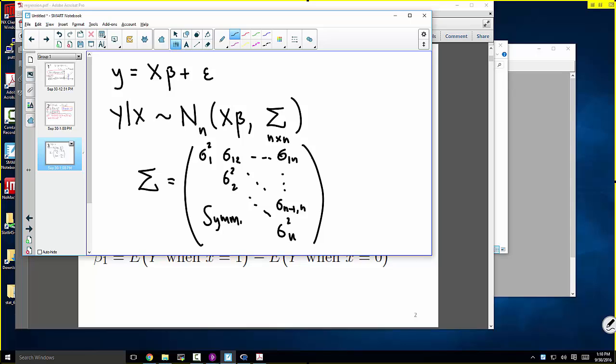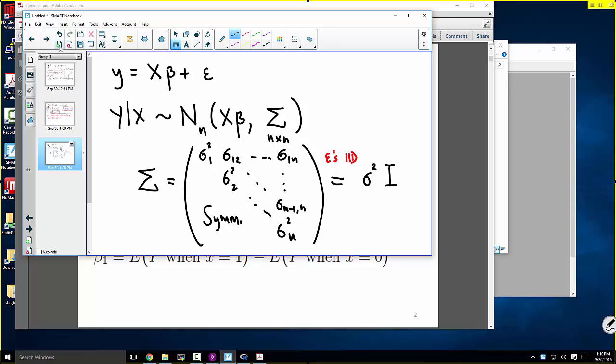If we have the simplifying assumption of constant variance and independence of our individuals, if the epsilons are IID, then there are no covariances in the off diagonals. So if we assume epsilons IID, then this simplifies to an expression that we can just say is a scalar, sigma squared, times the n by n identity matrix.